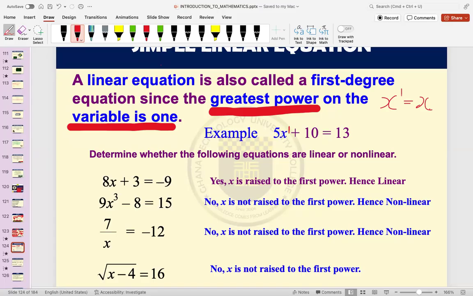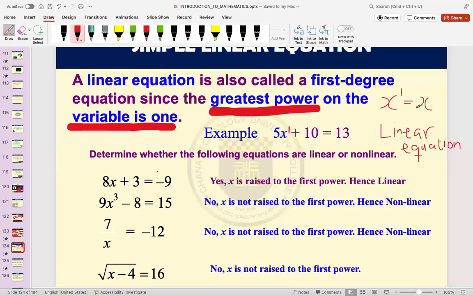So that is one way of identifying linear equation. For linear equation, make sure that all the variables you are seeing are raised to the power 1. And then you can get your line equation or linear equation.